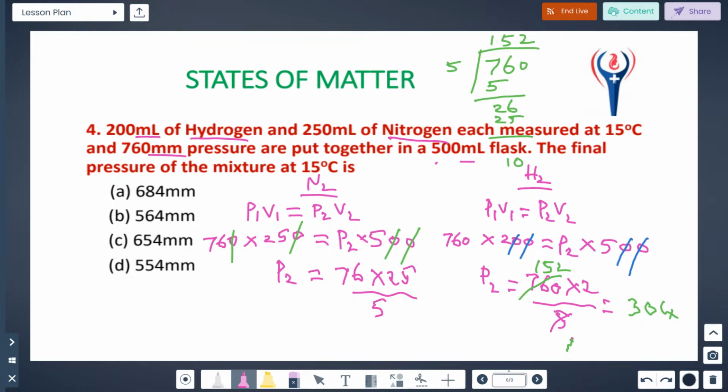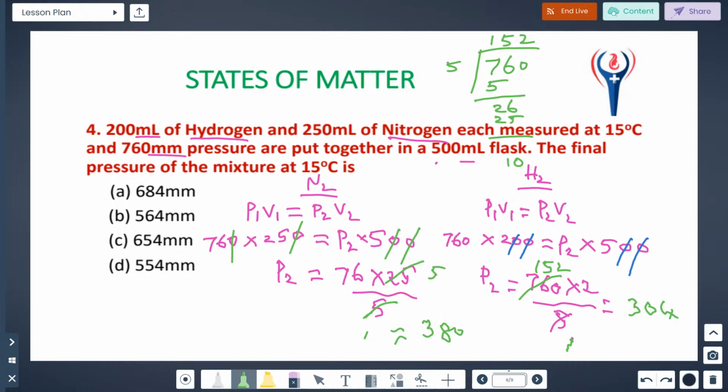Now cancel 5 times. Just multiply 76 into 5, and we get nearly 380. Understood? Nearly 380.